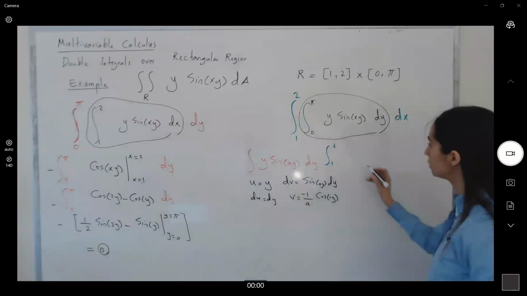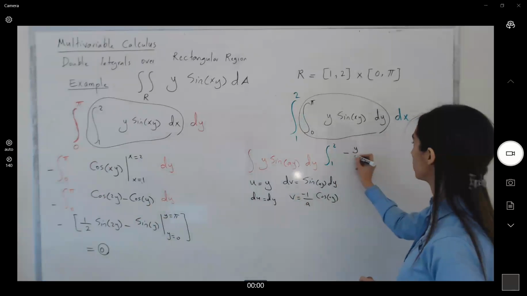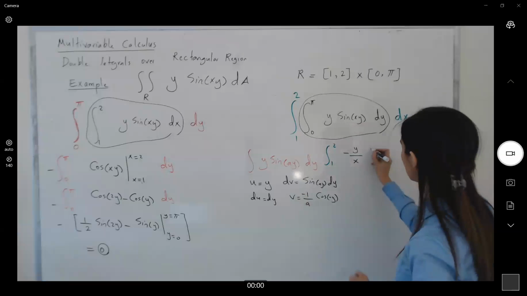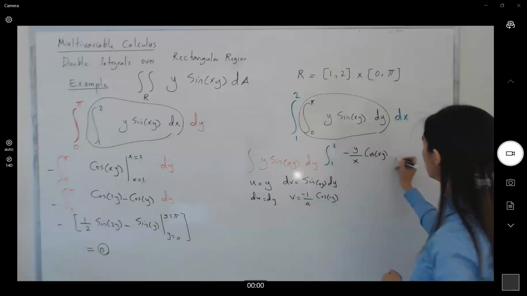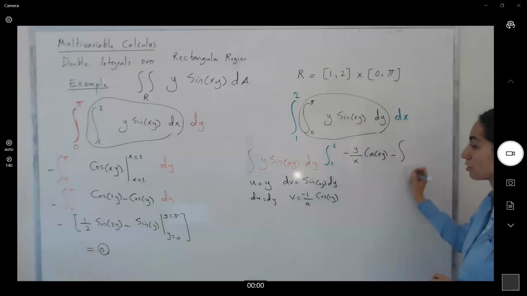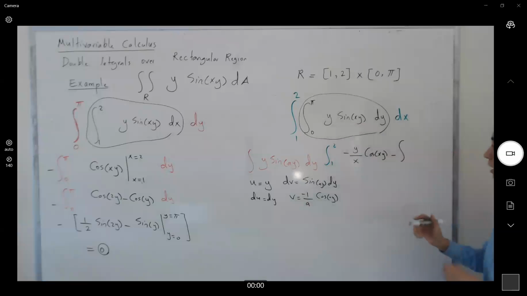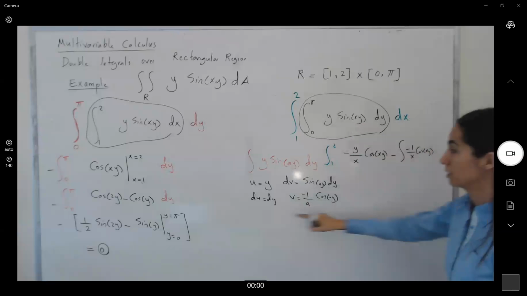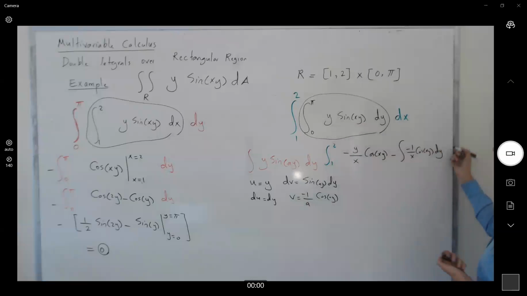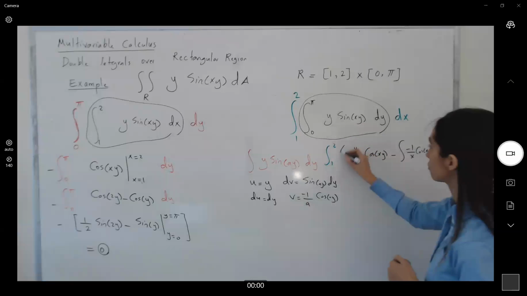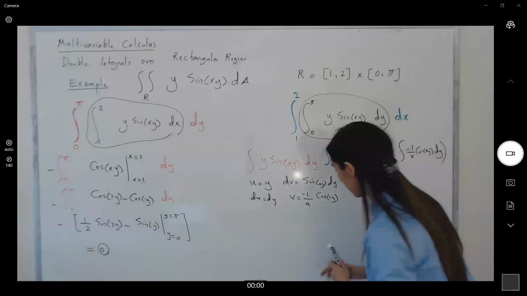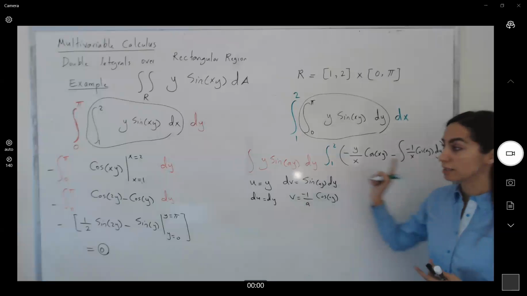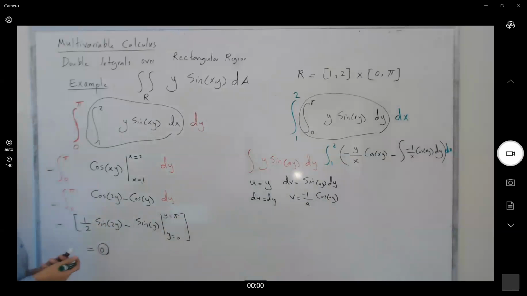So you have uv, you get negative y over your a is just x, over x, and here you have cosine xy minus integral v du. Okay, I have negative 1 over x cosine xy dy. Then I have to take the integral with respect to x eventually. So as you can see, it makes it more complicated than this nice and simple integral.